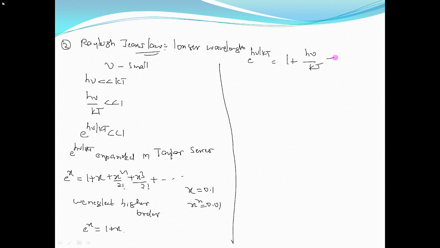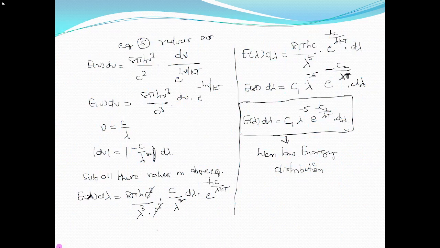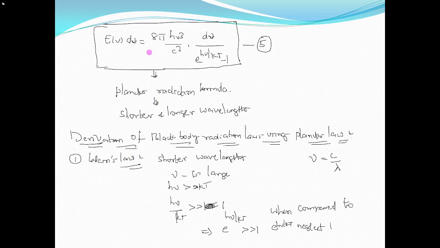Now substitute this in equation 5. This is equation 6, so substitute 6 in equation 5. Means we can substitute this in Planck's radiation formula. See here, this is Planck's radiation formula.